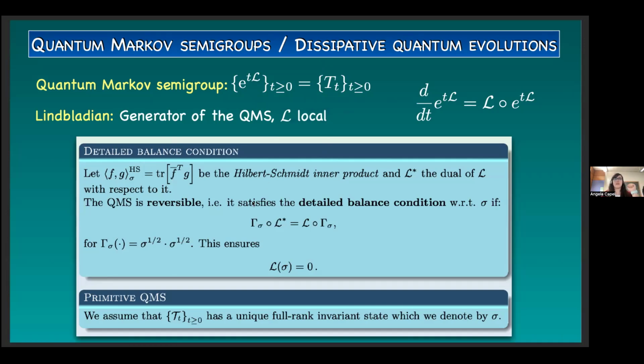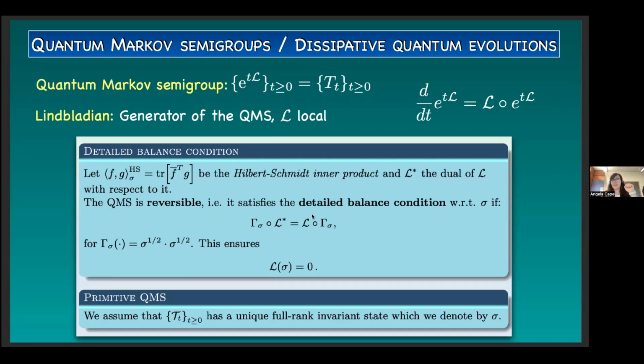The first condition that we have to impose is called the detailed balance condition, or reversibility. This essentially means that if we compose our Lindbladian L with this map, which is conjugating with sigma, where sigma is going to be the fixed point of the Lindbladian, so in principle a state, a density matrix, and we compose the Lindbladian with it from the left, and we consider now the dual of the Lindbladian, so the Lindbladian in the Heisenberg picture instead of the Schrödinger picture, and compose it with the map from the right, we have equality between these two quantities.